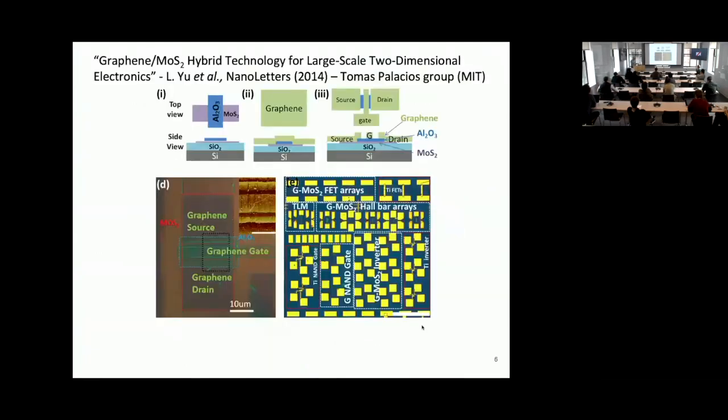Here's another example of real devices. And again, here's the semiconductor, molybdenum disulfide, the purple, with contacts of graphene. So graphene is the source and the drain on the semiconductor, and you sandwich these between different arrangements. You form these kinds of different gates, NAND gates, and so on, and you can make real devices. So this is from the group of Tomas Palacios at MIT.